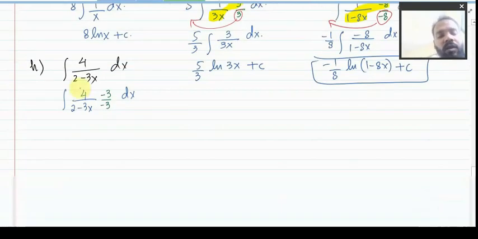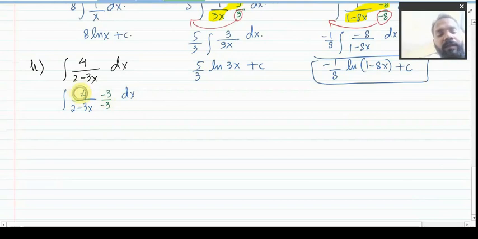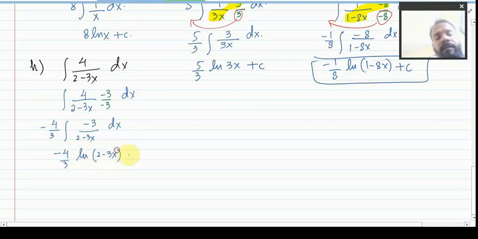So this 4 and minus 3, I will take outside the sign of integration. So it's minus 4 upon 3 outside, and inside the sign it's minus 3 divided by 2 minus 3x dx. Now the function is ready to integrate, so you can say that it's minus 4 upon 3 ln of 2 minus 3x plus c.